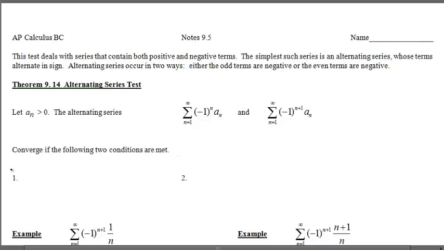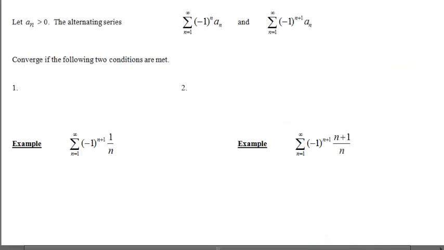This is a test for convergence. An alternating series will converge if the following two conditions are met, ignoring the negative sign here and just looking at the a sub n term. The first one has to be that the limit as n approaches infinity of the nth term goes to 0.